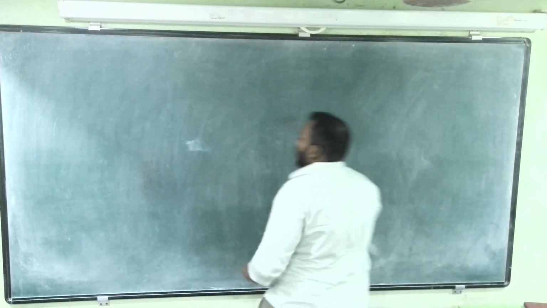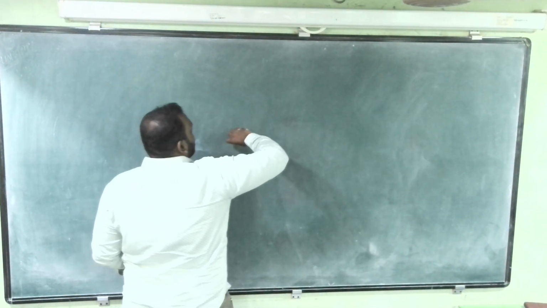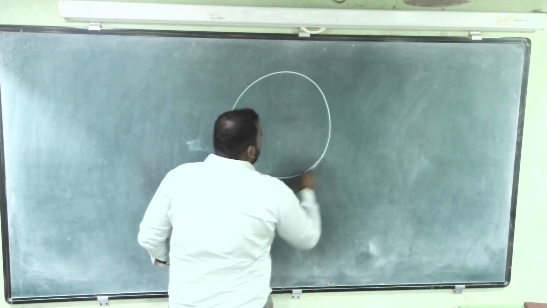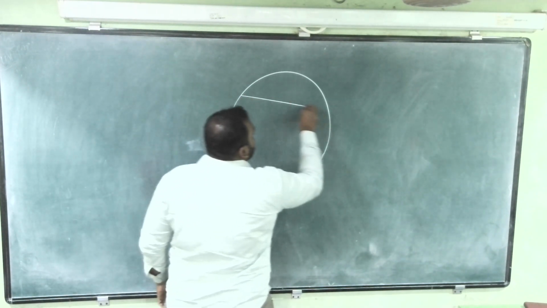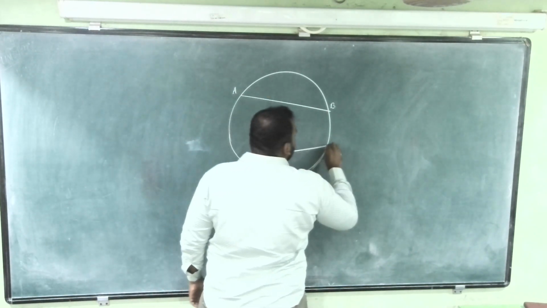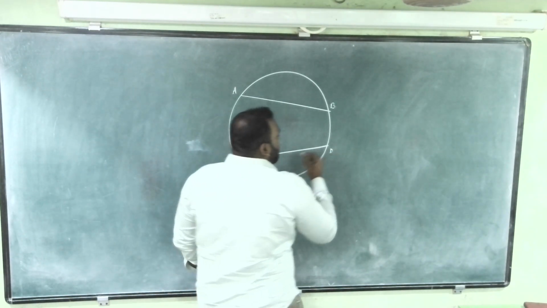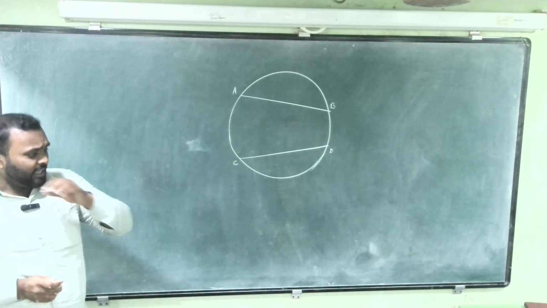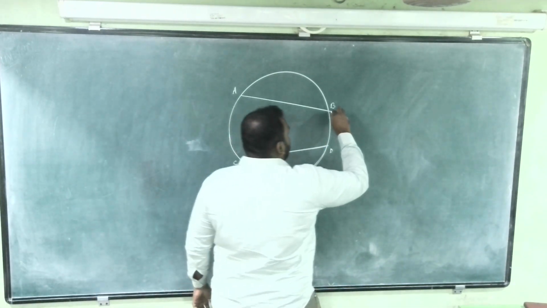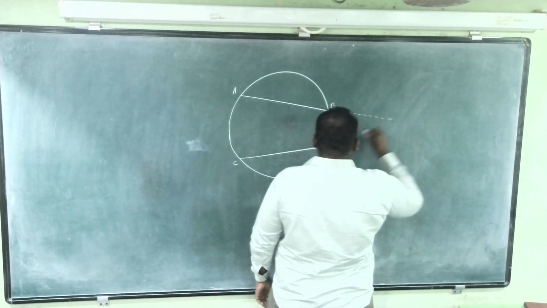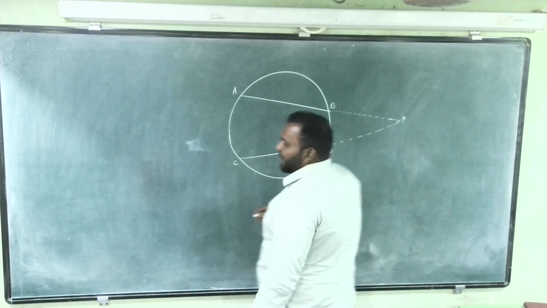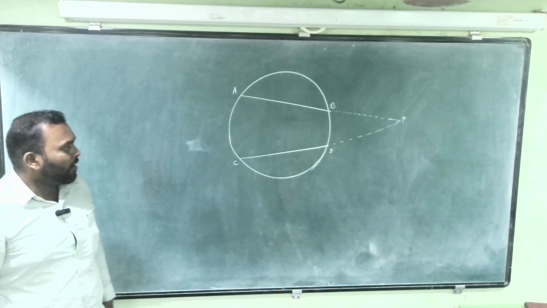So now when the circles, so you have the circle, now you have the same chords, one is chord AB and the other one is chord CD. Now this time both these chords, they intersect each other on the external point, say on an external point P. Okay?